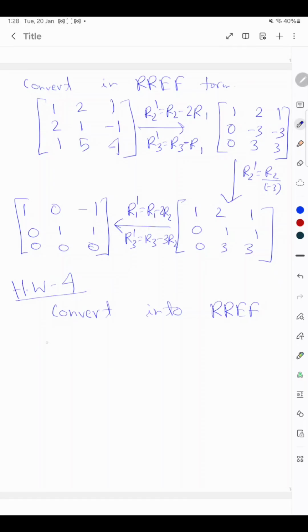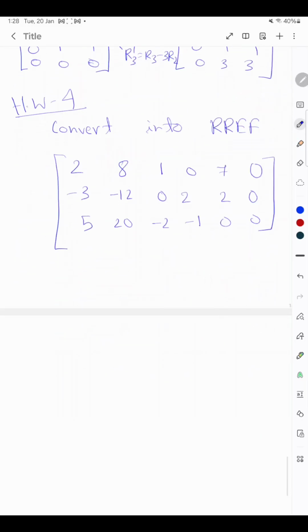So this is a big matrix I am giving you. 2 8 1 0 7 0, minus 3 minus 1 2 0, 2 2 0 5 2 0 minus 2, 1 0 0. This is your first one.